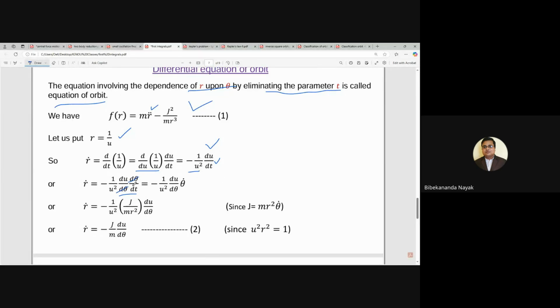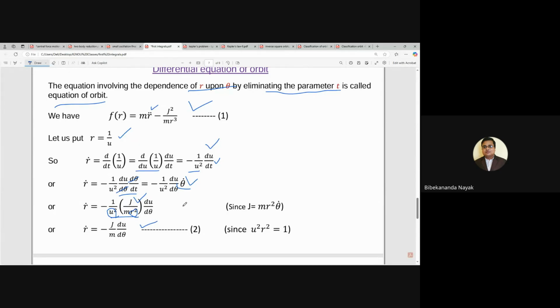But d theta by dt is theta dot. So minus 1 by u square du by d theta theta dot. But theta dot is equal to j by m r square. Putting that in, and since r is equal to 1 by u, what is u square into r square? It is equal to 1. So it is removed, and finally we found minus j by m du by d theta.